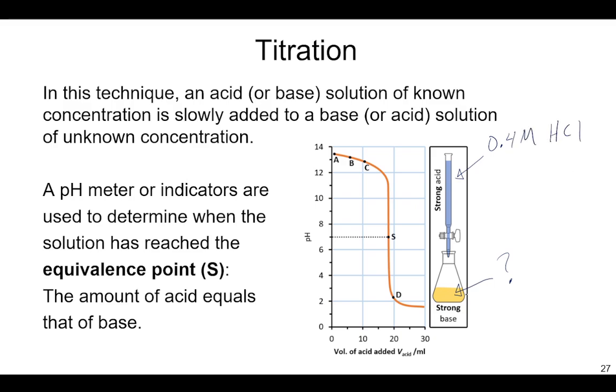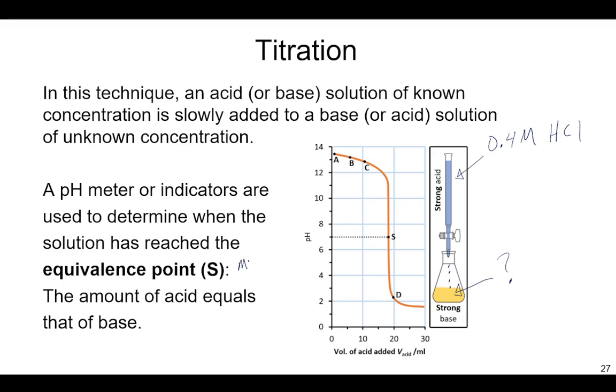And what we're trying to figure out is, what is the strong base concentration down here? And by slowly dropping in H plus and neutralizing some amount of OH minus that is in this strong base, eventually we will drop by drop add exactly the right amount to neutralize all of the base down here.